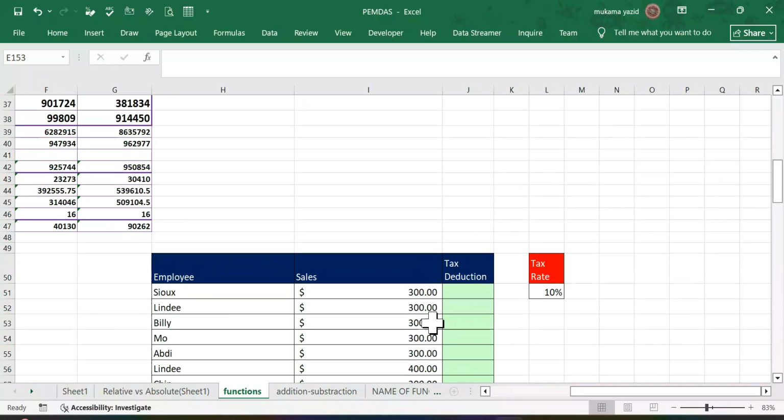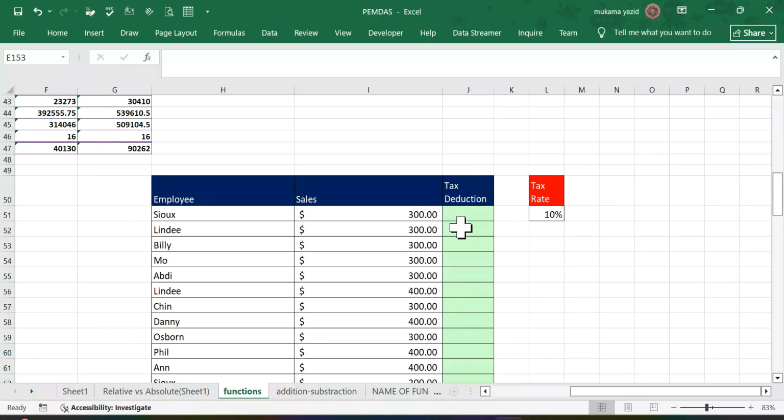Here, same scenario, deduction. We just press the equal sign. This one, lock it, multiply by this, then get the answer.